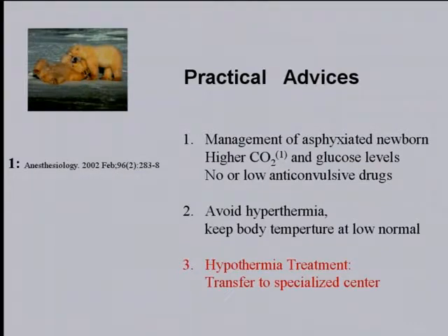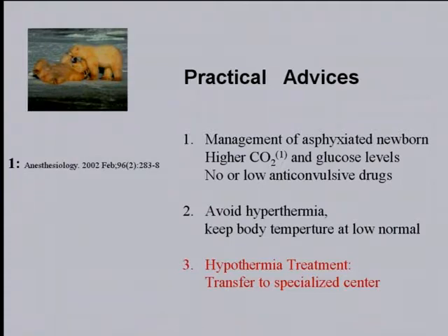Because it has been shown that higher CO2 levels are per se neuroprotective, maybe because of increasing brain perfusion. And you would keep glucose levels to normal, because glucose is also very important as a source of energy. And you would not give, or if necessary, low anticonvulsive drugs.